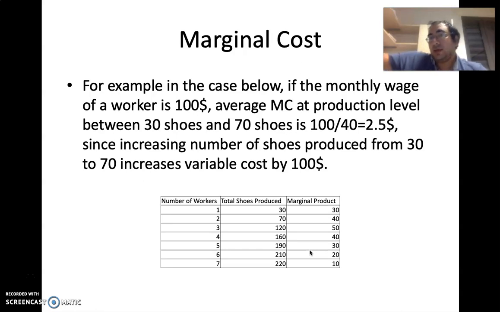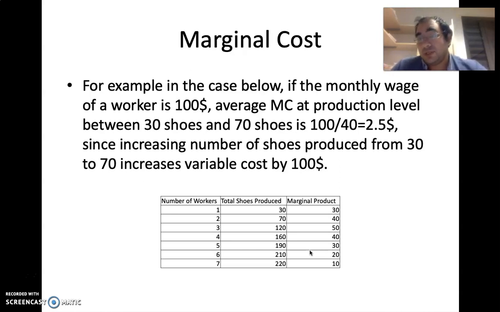And as you increase the number of TVs you produce, at first the amount of labor you need for an additional TV will become smaller and smaller as the productivity of workers increases when you have more workers producing more TVs.